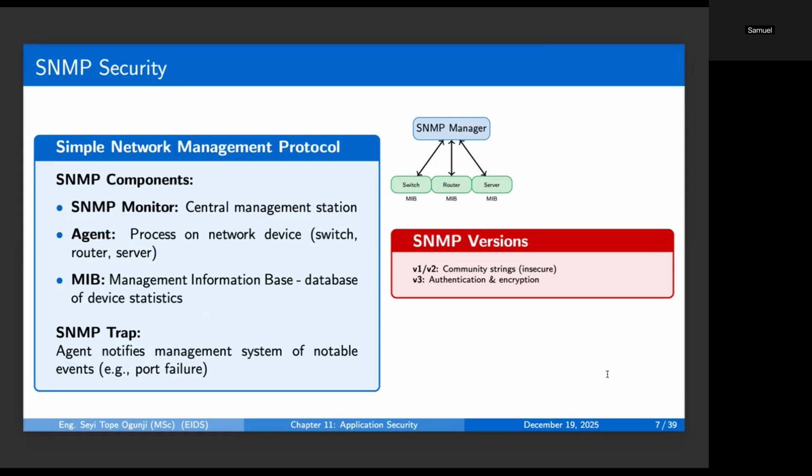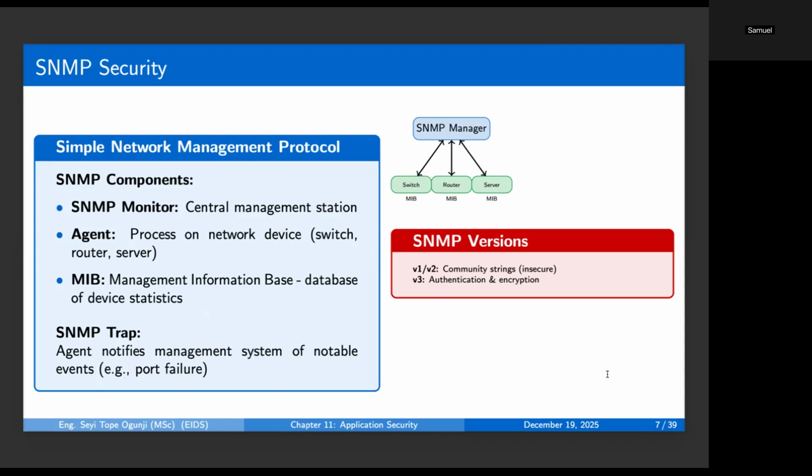The agent is a process on a network device like the switch, the router, the server. Then the MIB is the management information base, the database of every device and their statistics, just like a report card for each of those machines.